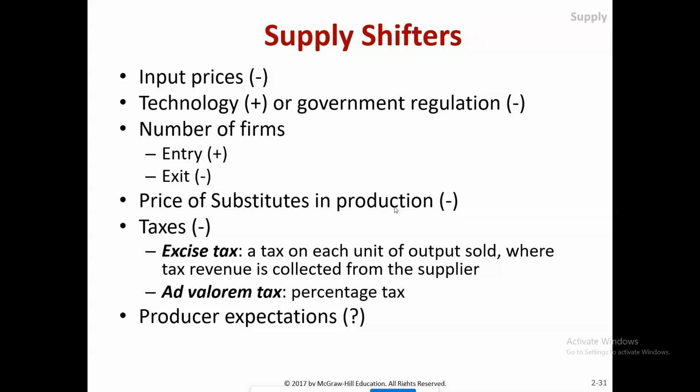Another example will be price of complements in production. I discussed that in the supply video. Please review that video, but I'll provide you a quick talk. What are complements in production? That means in one production process, the same producer simultaneously produces two products, like byproducts.